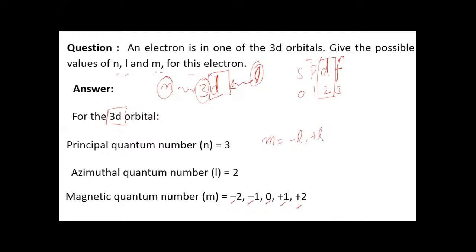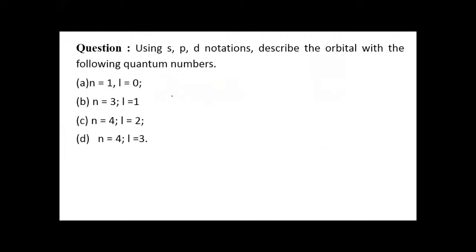Question number 2. Using SPD notation, describe the orbital with the following quantum numbers. These are 4 different sets of quantum numbers given in 4 different parts A, B, C, D. We will solve it.